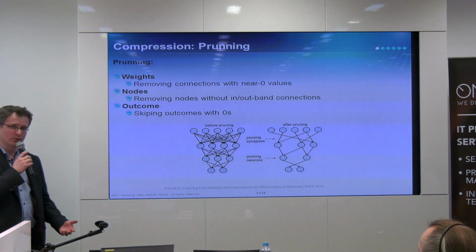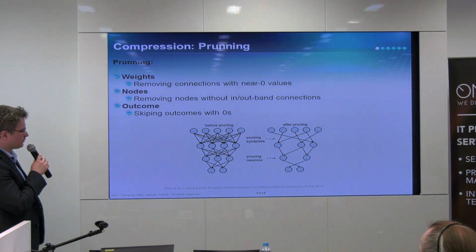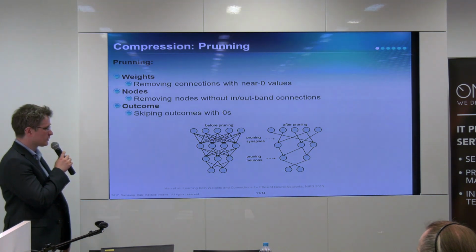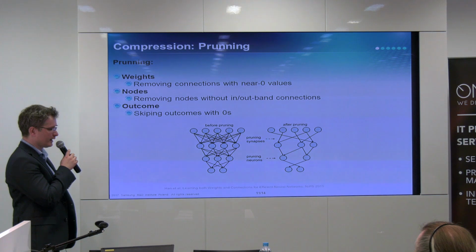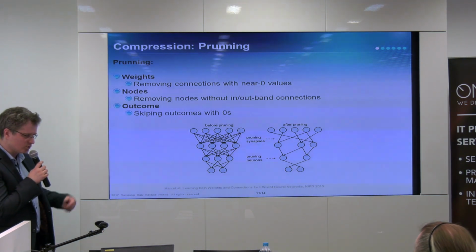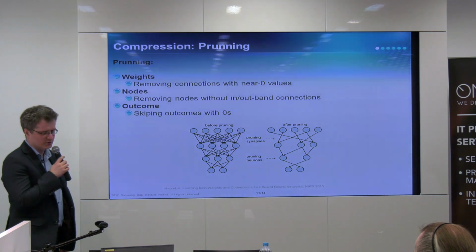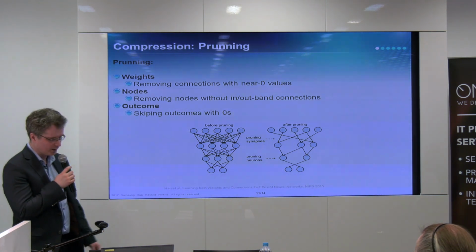Then we can notice that some nodes in our network have no incoming or no outgoing connections, so we can remove them also. And last but not least, this is the runtime pruning. We can see that during calculations, some outcomes from neurons are zeros, so we don't have to pass them. We can skip them.